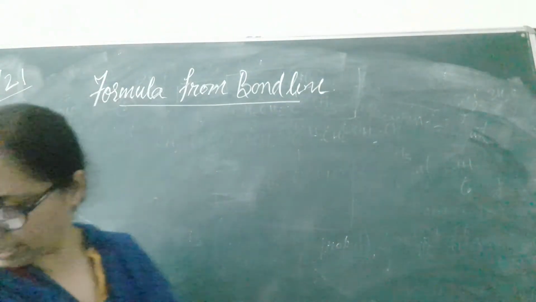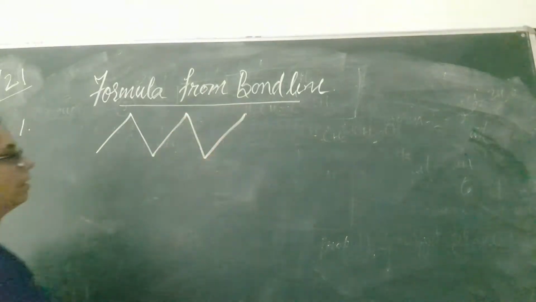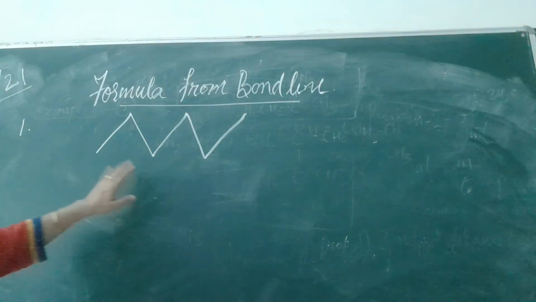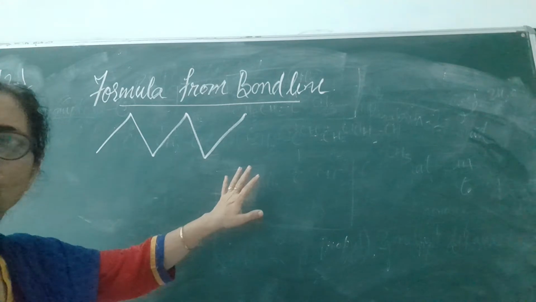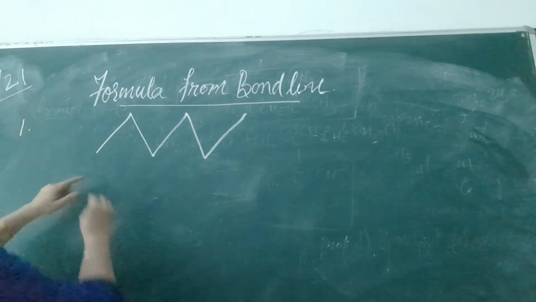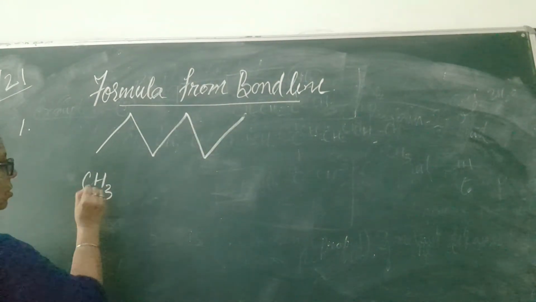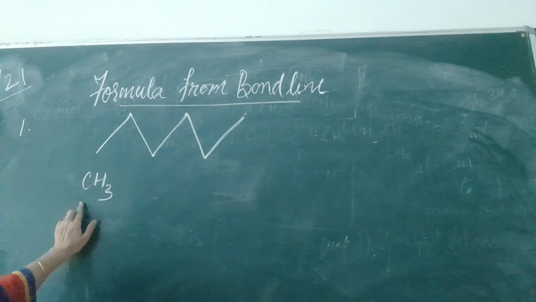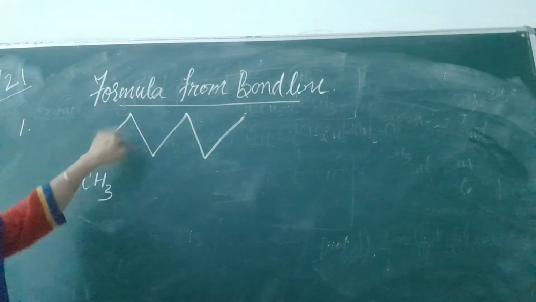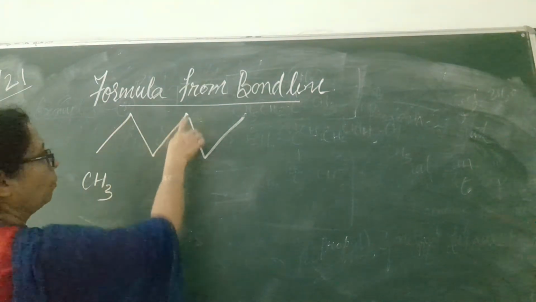Our first example is this bond line structure. We have to write down its formula. Every time, the terminal end carries CH3, that is, the methyl group is present at this end. Now you can count the number of carbons: 1, 2, 3, 4, 5, 6.